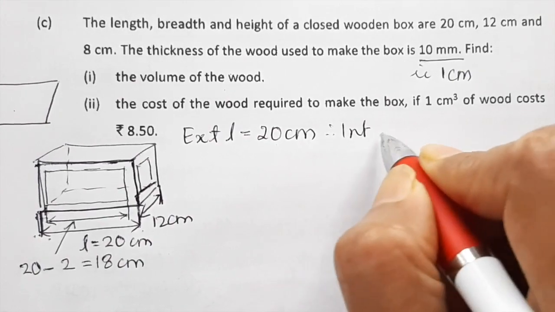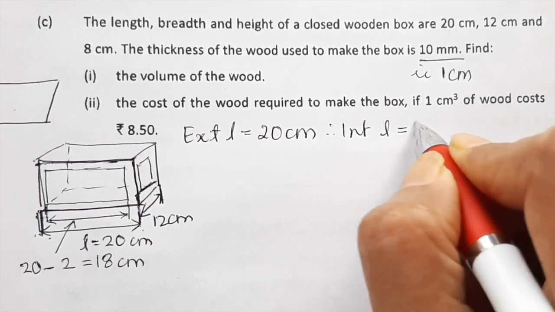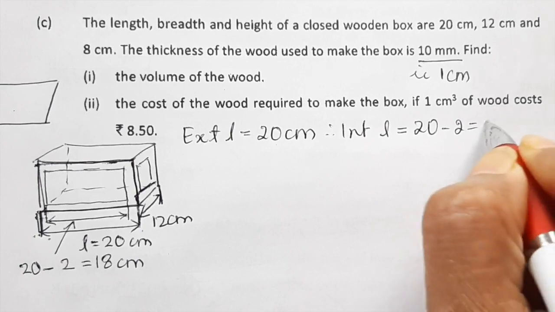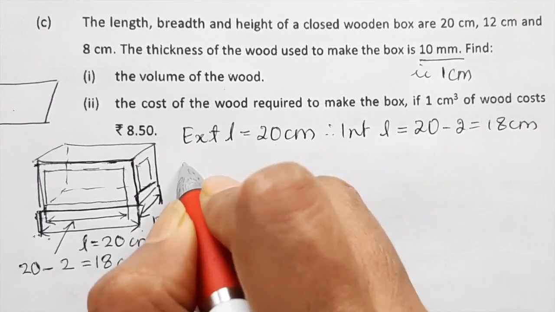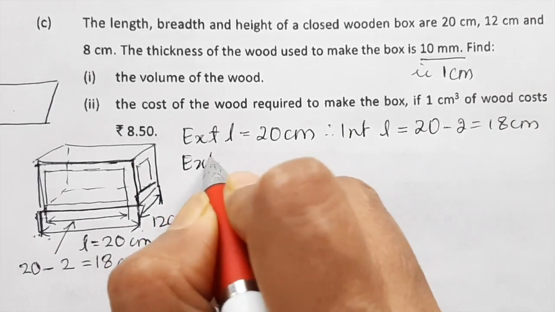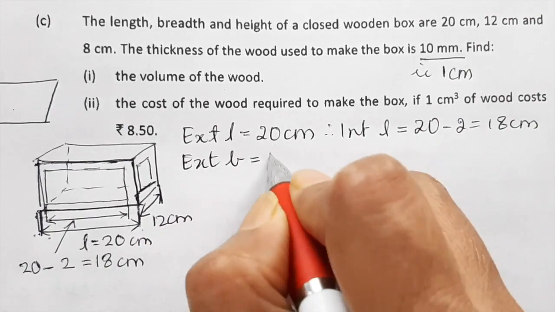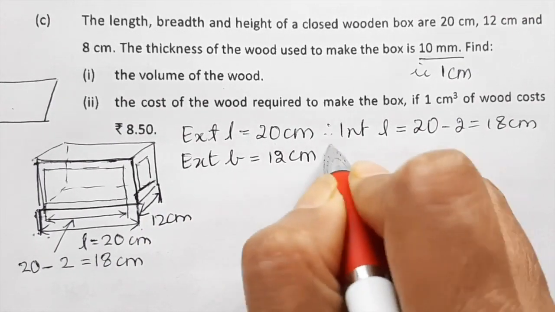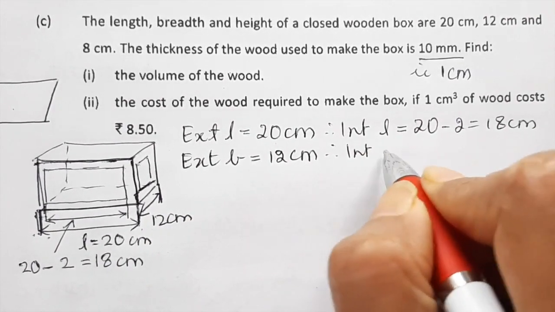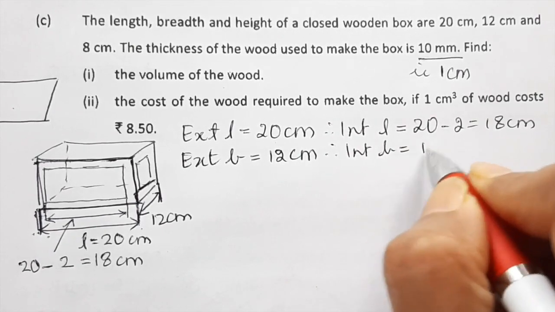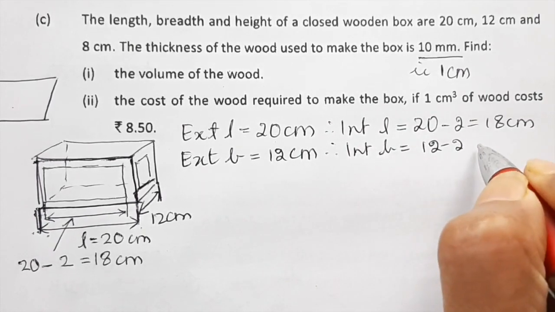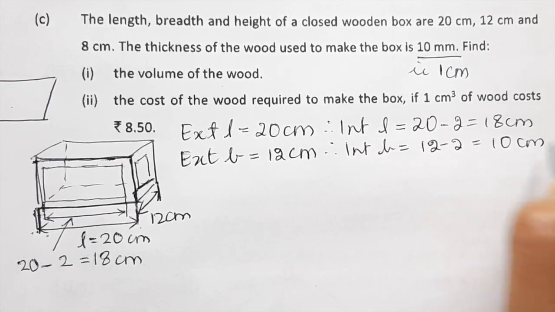Therefore, internal length is going to be 20 minus 2, which is 18 centimeter. The external breadth is 12 centimeter. Therefore, internal breadth is 12 minus 2, which is 10 centimeter.